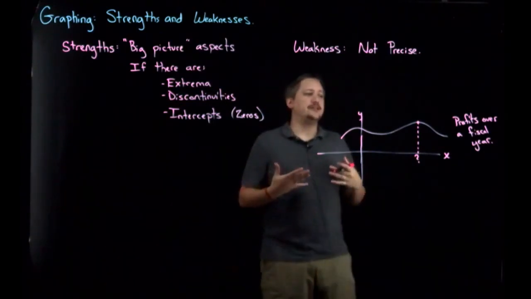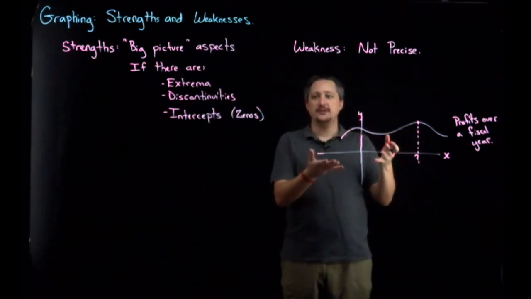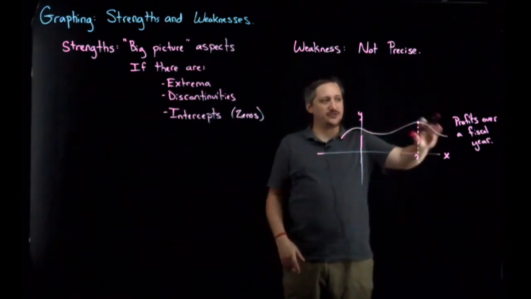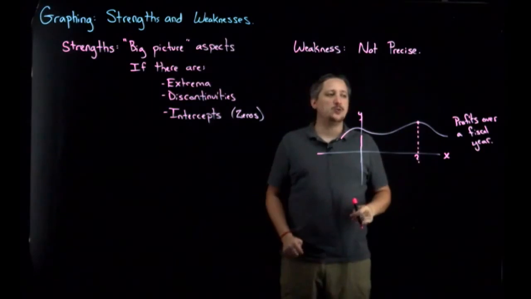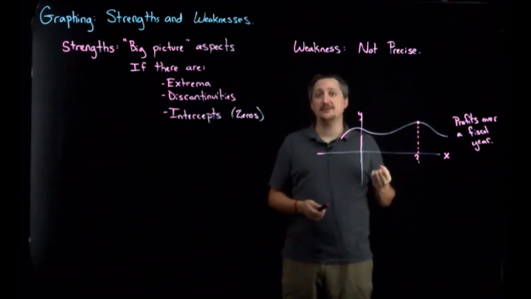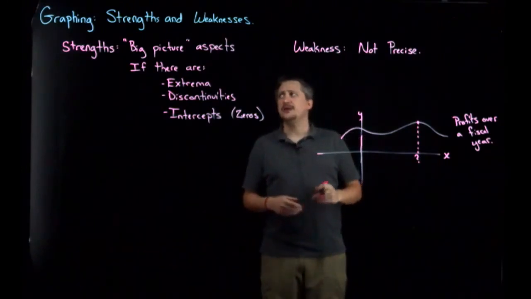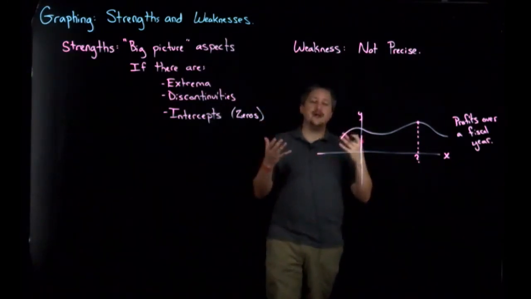And that has nothing necessarily to do with the accuracy of the graph. The graph can be very accurate. It could exactly show what the different points are throughout the year without me being able to precisely pull stuff out of that information. So the big problem or downside to graphs is that they're not precise.